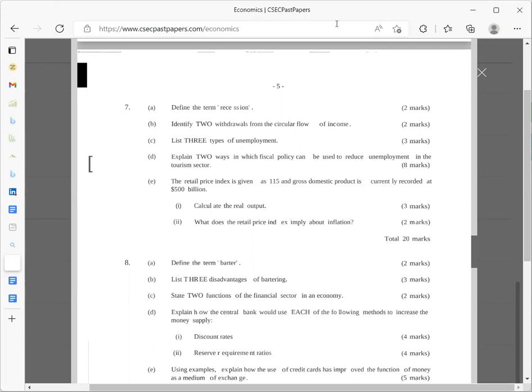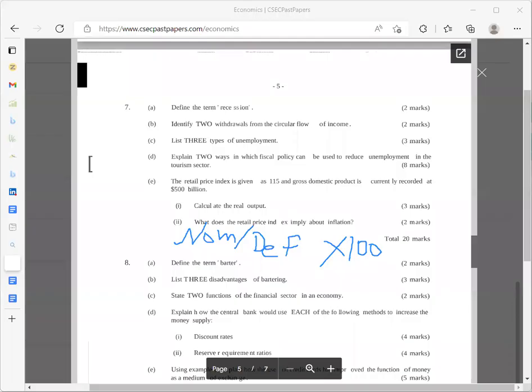Right? So tell me what you think we have to do for this. We would have looked several times at how to calculate real output, right? So again, the formula, I've added it here to calculate the real output. The formula we're going to use is real output is equal to nominal output divided by the deflator, and all of this times 100, right?